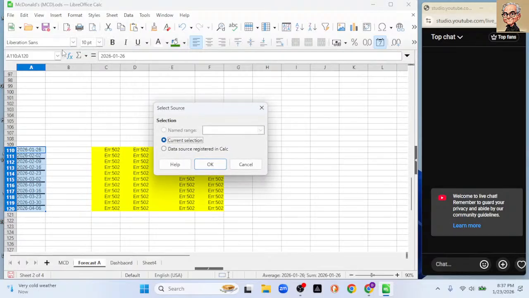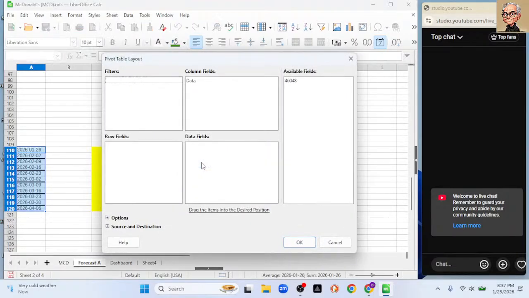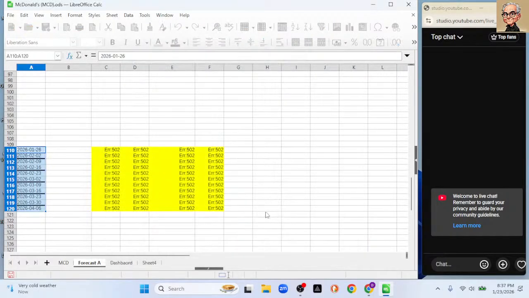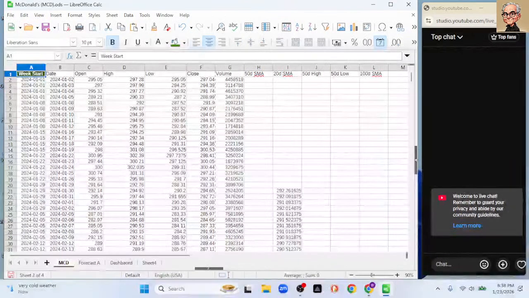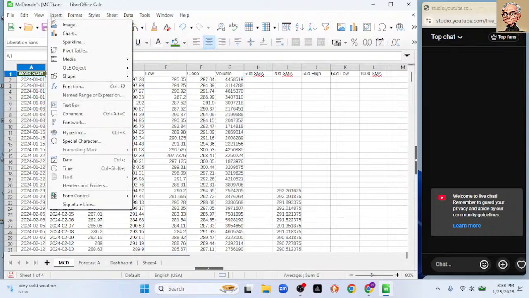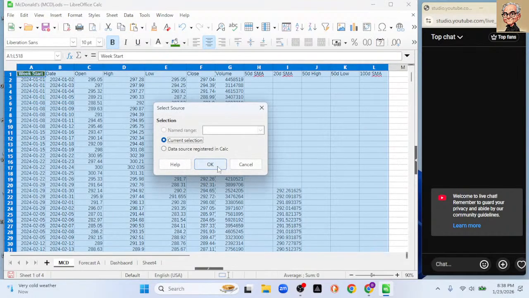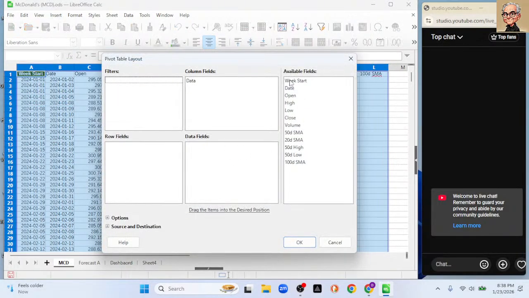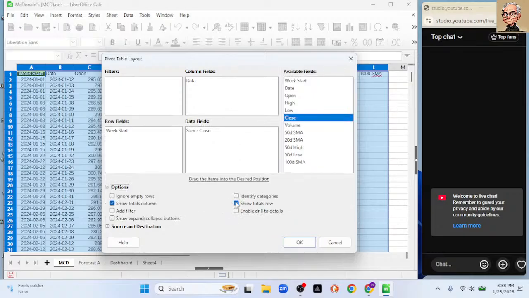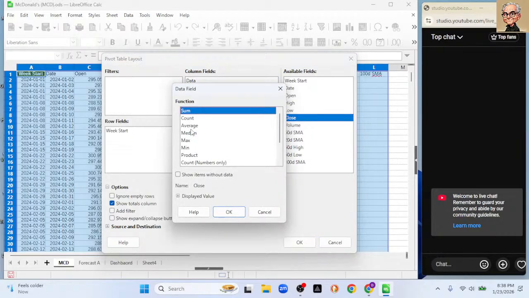Insert, Pivot Table, New. Weekly start, close, options, average.